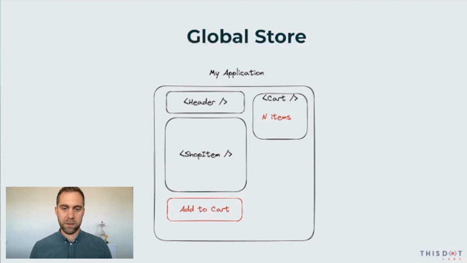Without any direct structure between them, like there's no relationship, there wouldn't be an option for us to pass on props from the cart to the button or the other way around. So instead, we're going to use our global store to solve this issue.